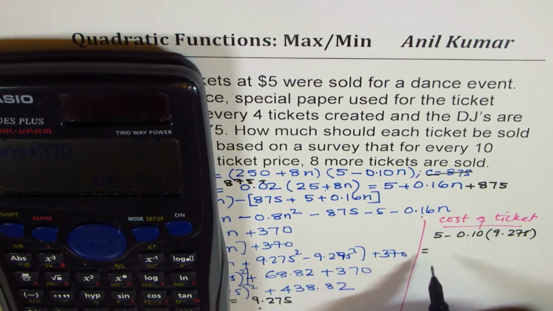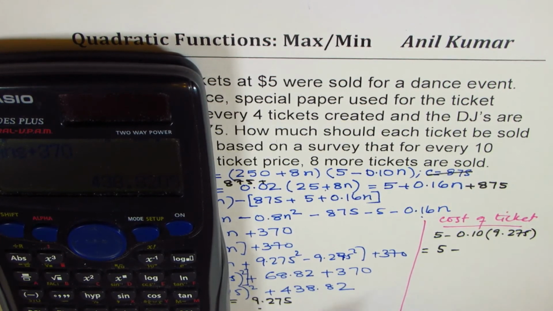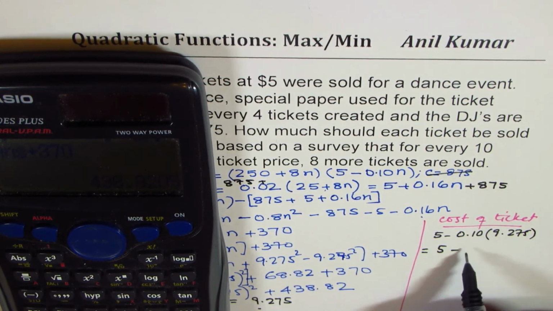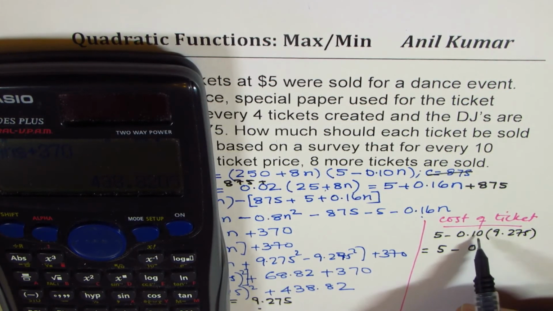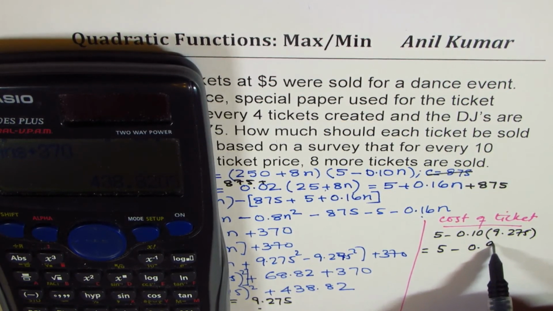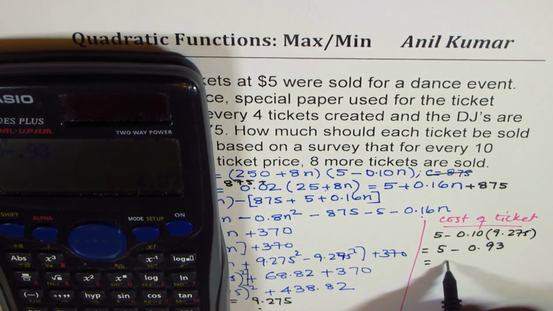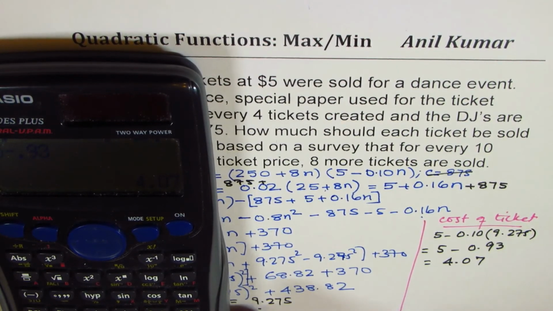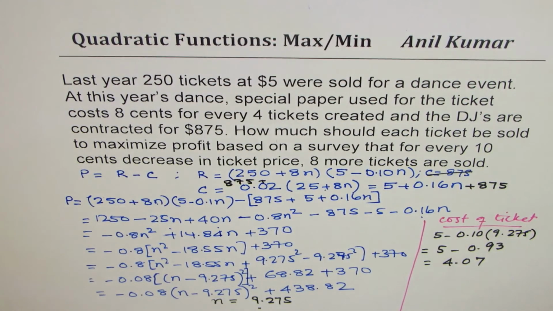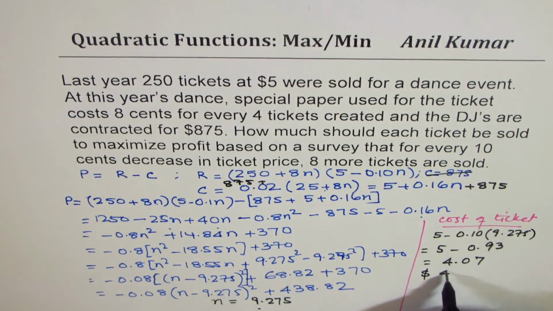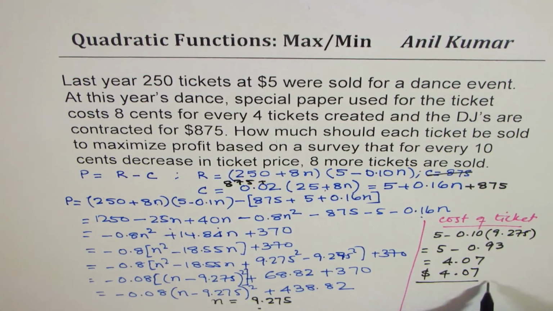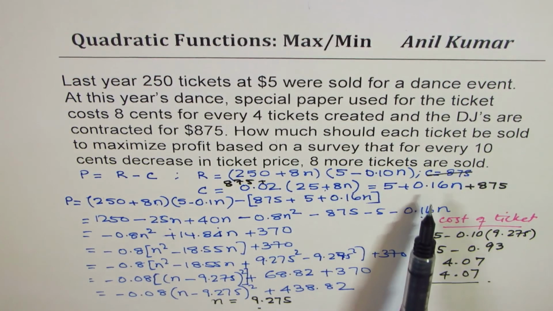Anyway, so it gives me 5 minus, so when I do it like this, it will be 0.1 decimal movement, right? Let's say 9.3. So 5 minus 0.93 is equal to, in decimal, $4.07, correct? So to be precise, the cost should be $4.07.